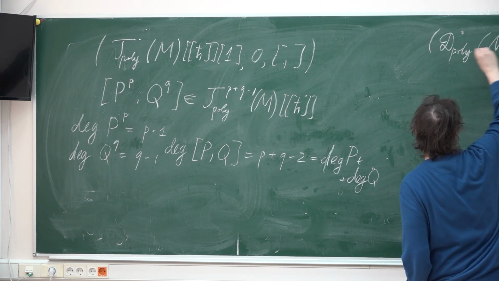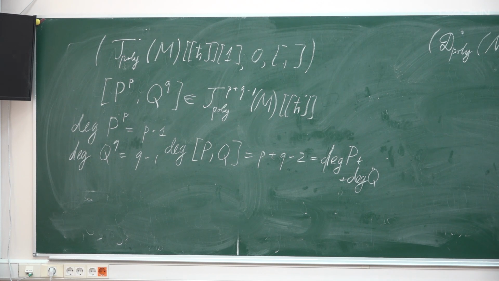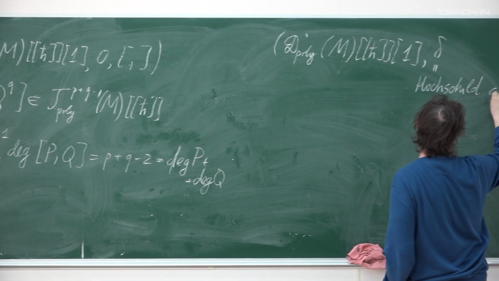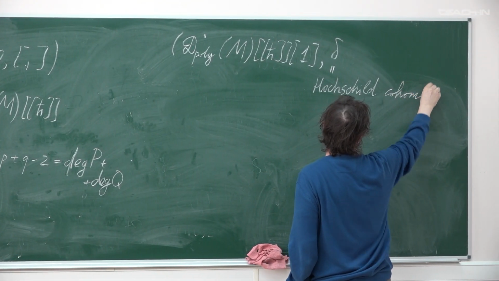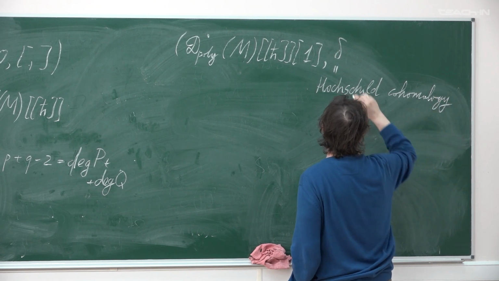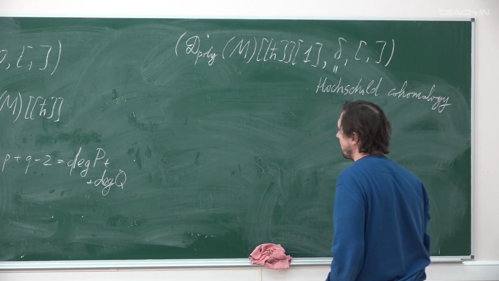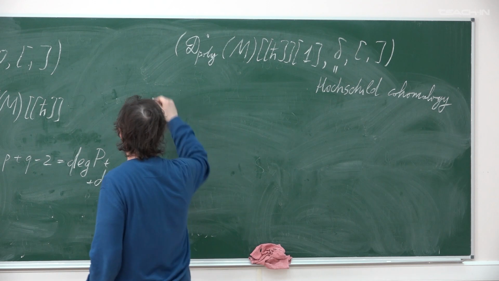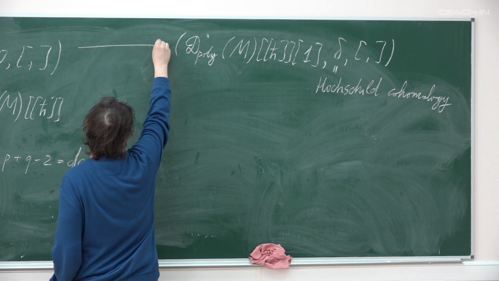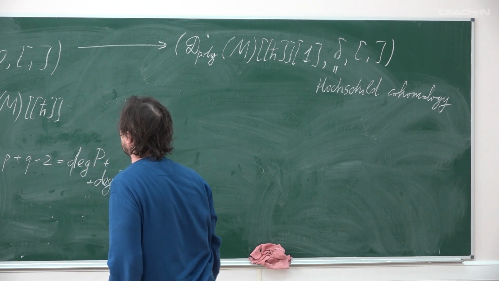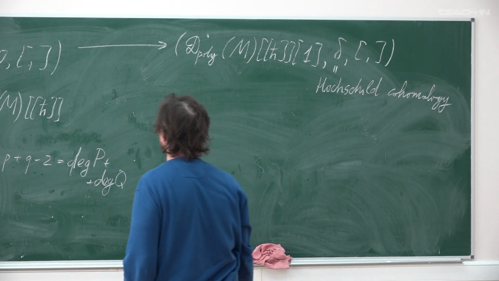After shifting and some work with signs, it also becomes the genuine differential graded Lie algebra with respect to the differential delta, the Hochschild cohomology differential. And the bracket given by the Gerstenhaber bracket. One knows that these two algebras are in fact closely related by the Hochschild-Kostant-Rosenberg theorem.